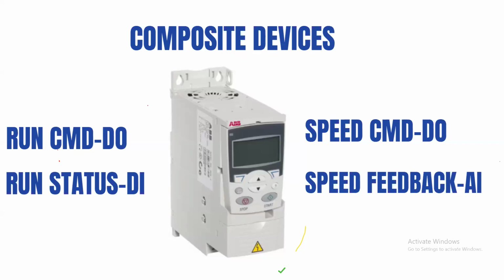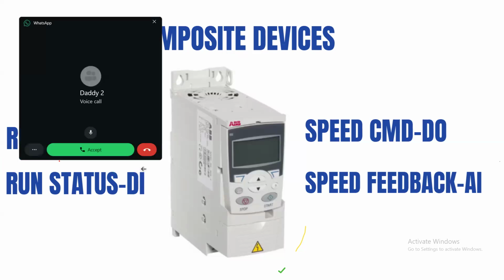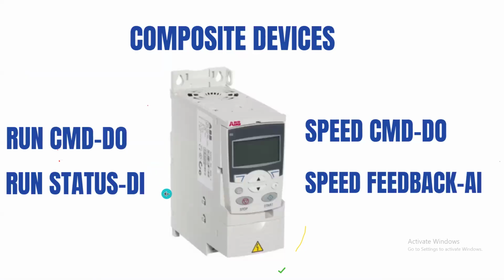But when you tell the VFD to run, you also need to confirm that it is running. That is a digital input, the feedback back to the PLC. So the run command is a digital output. The run status is a digital input.